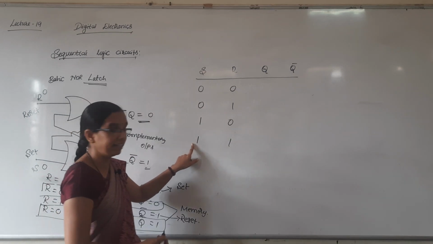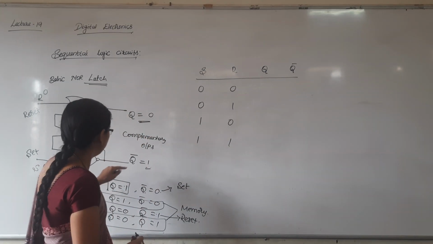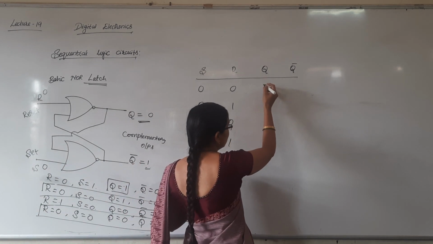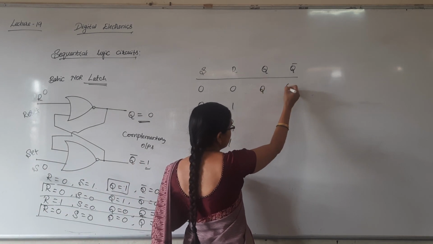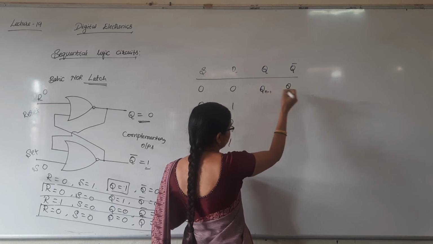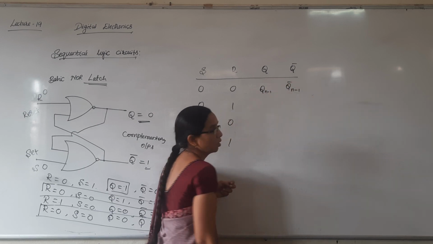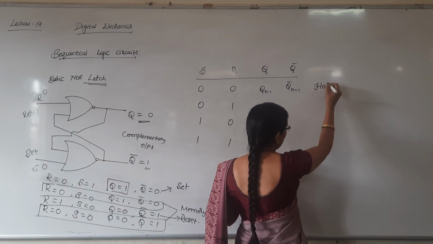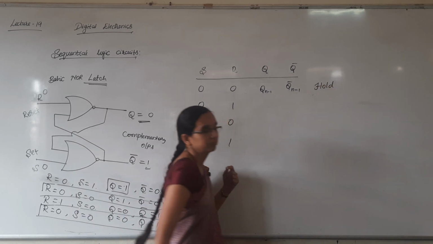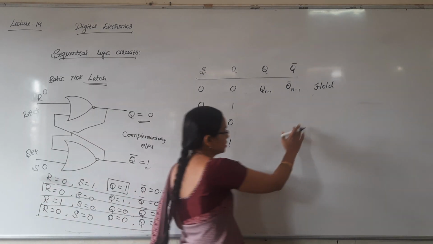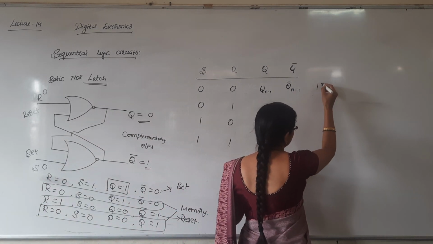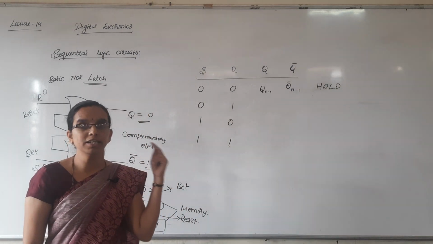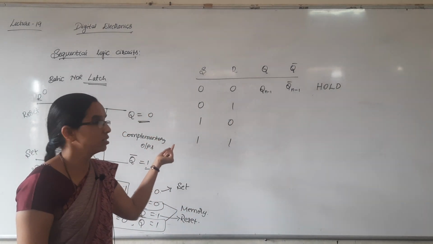We didn't try 1 1, we'll try it. When I made 0 0, this went into the previous condition itself. So I'll call this memory or hold state. This is called the hold state. That means it is retaining the previous state only.